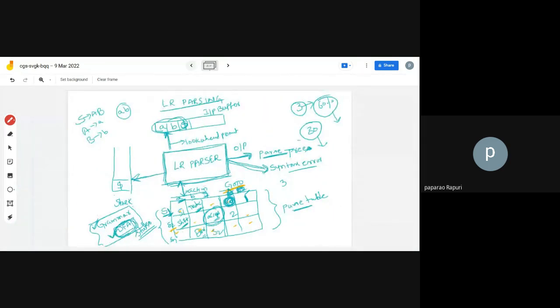Sir, every time the LR parser does an action using the table, it uses two things. One is it reads the input symbol at the look ahead pointer, and it checks the topmost symbol of the stack.